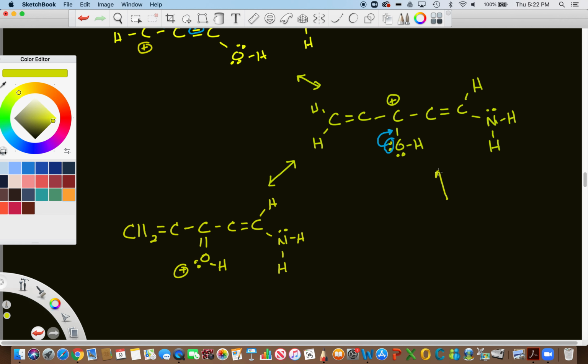There is also another one off of this same structure because of the double bond. So what could happen? Let me erase a little bit here. If this doesn't occur, the other possibility is this pi bond here.